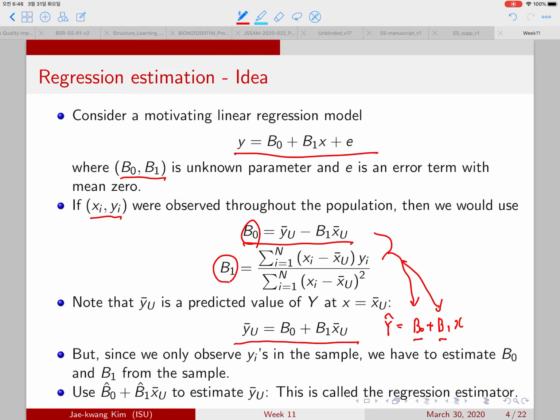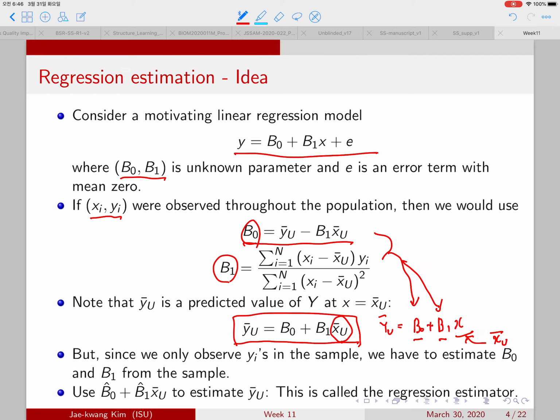This relationship basically says that if you plug in the population mean of x here, this becomes the population mean of y. So that gives another way of obtaining the population mean of y.